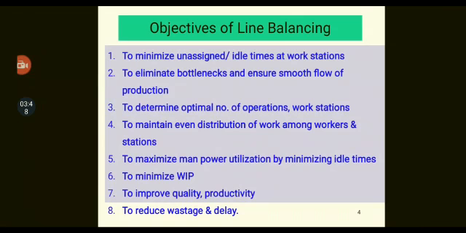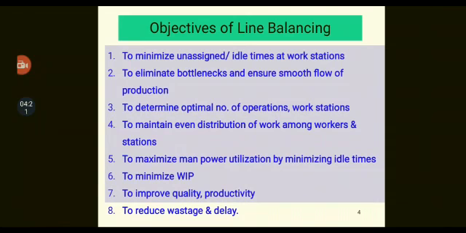Second, to eliminate bottlenecks and ensure smooth flow of production. Next, to determine the optimal number of operations and workstations. Fourth, to maintain even distribution of work among workers and stations.